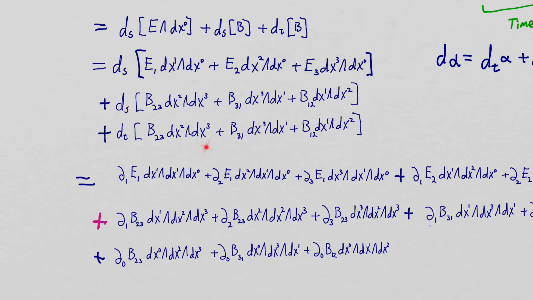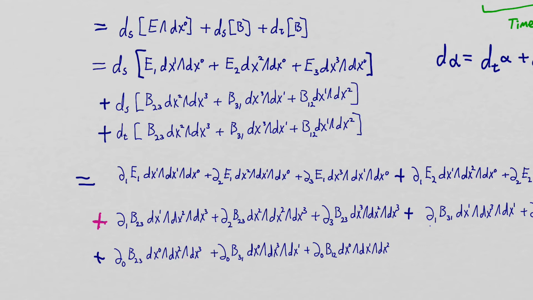So there's only one derivative to take, and that's the derivative of the coefficients with respect to x0. So we have the partial derivative with respect to x0 of b23, dx0 wedge dx2 wedge dx3. And it's pretty clear that all 3 terms are going to survive. That term will survive because you're adding a dx0, and none of these have a dx0 in it, right? So all 3 of these terms survive.